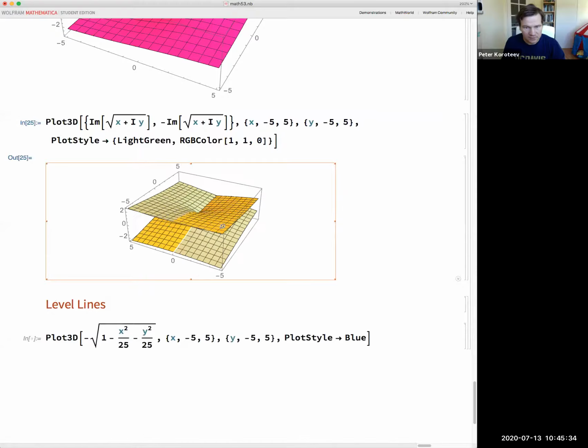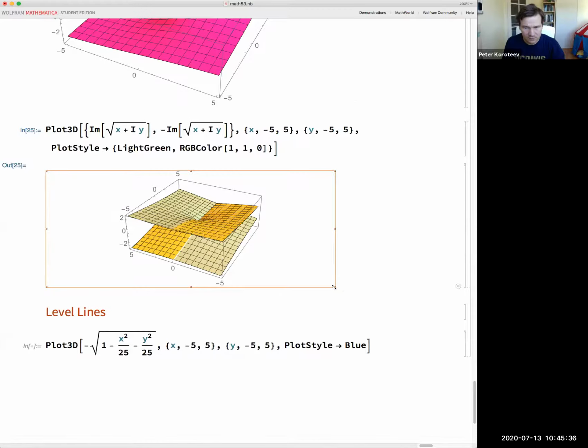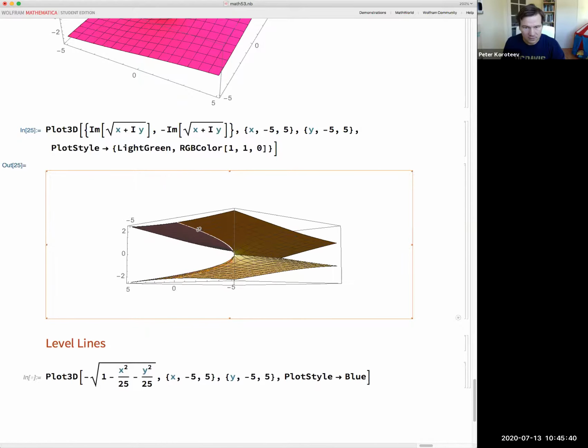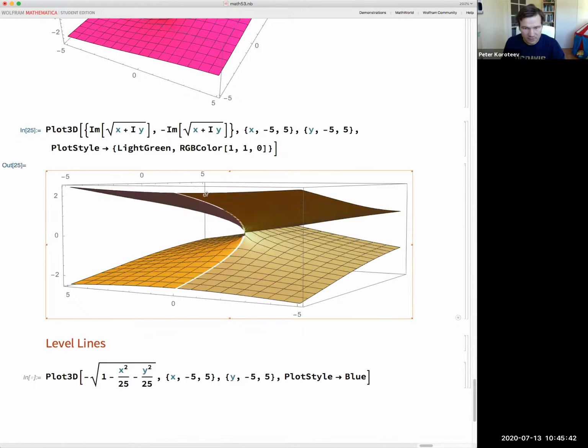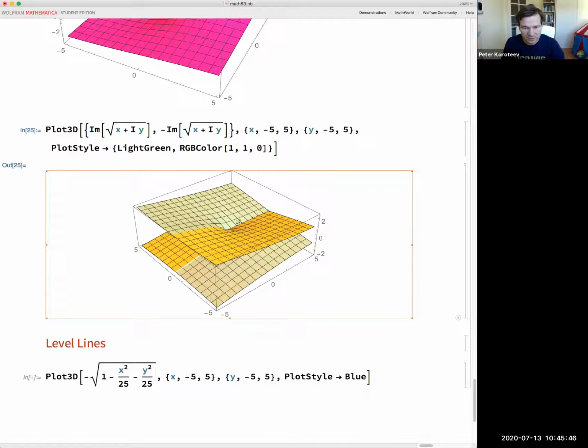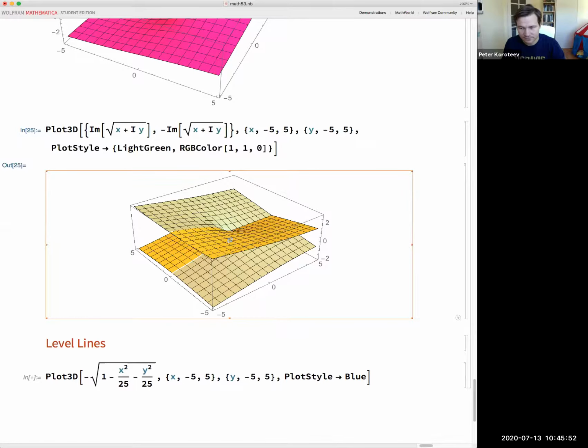Yeah, there it goes. So see, this white thing here looks like a parabola, and then these two branches meet together along the negative x-axis, and then here they just go one into another.